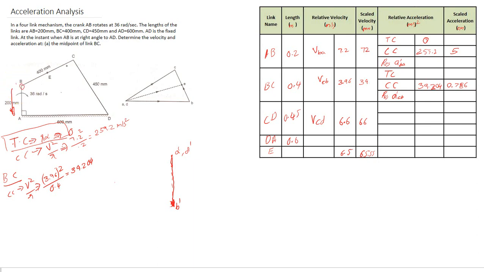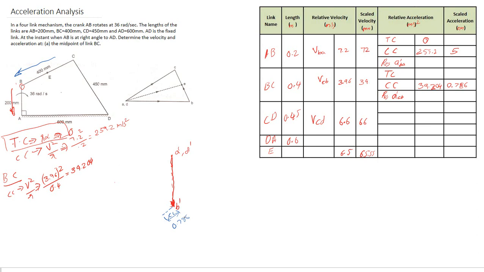In this link BC, we are taking the relative acceleration, that means the acceleration of C with respect to B. Here B is assumed to be fixed, so the direction of the centripetal component will be like this, towards the fixed point. So towards the fixed point will be the direction of the centripetal component. Here 0.786 is the dimension, and this is the centripetal component.